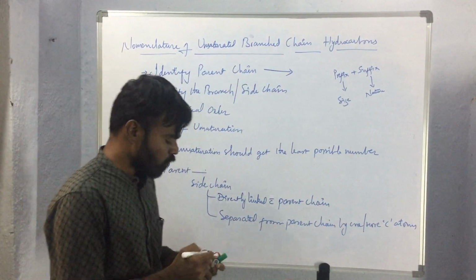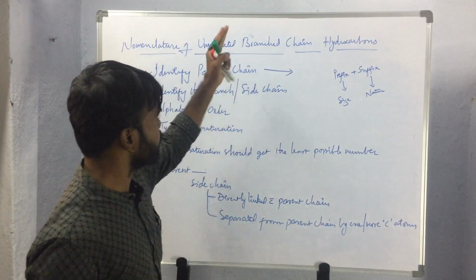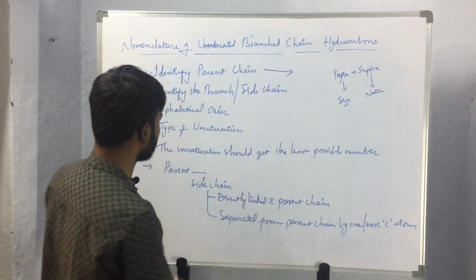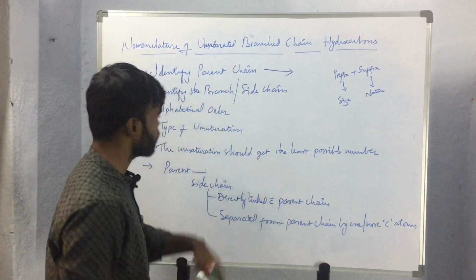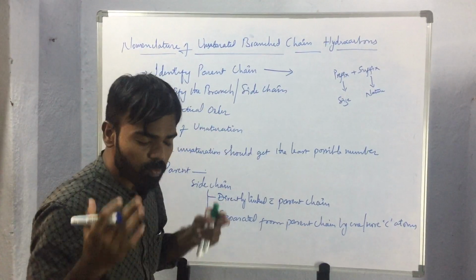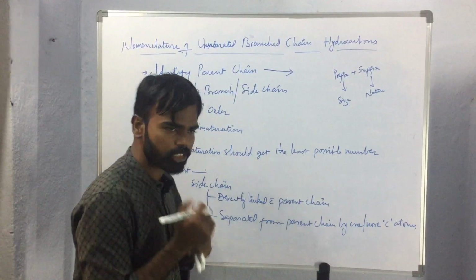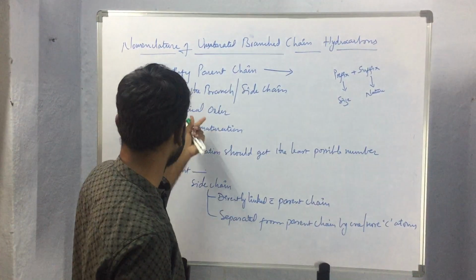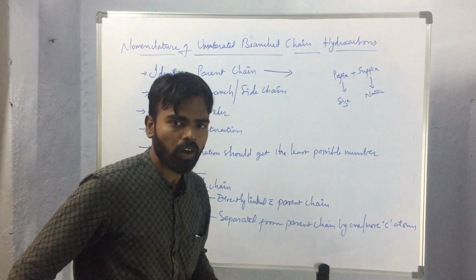Okay, so while naming the unsaturated branched chain hydrocarbons, we have to consider all these factors. Initially, we have to identify the parent chain, then we have to identify the branch chain or side chain. If we have more than one branch chain or side chain, then the names of those side chains have to be arranged in alphabetical order.